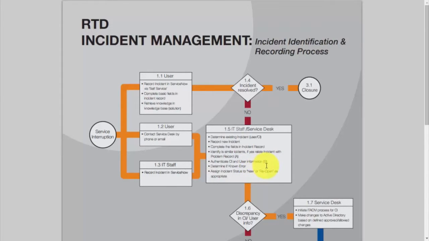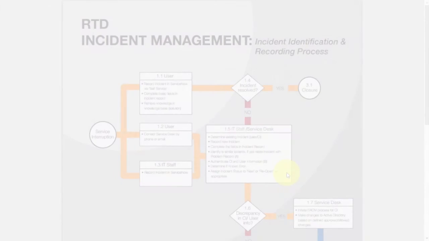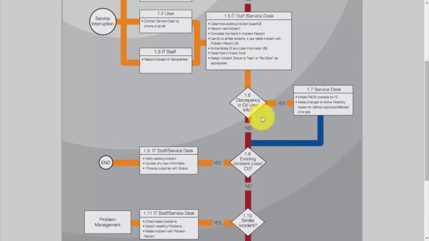If it is a known error, then we likely will have a resolution for that error. And then we will assign incident status to new or to reopen as appropriate if it is related to a previous ticket. From here, we need to evaluate if there's any discrepancy in the configuration item or user info. This is a responsibility of the IT staff and service desk.